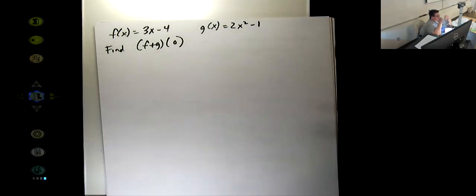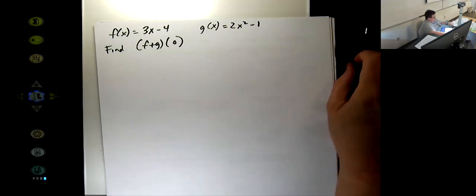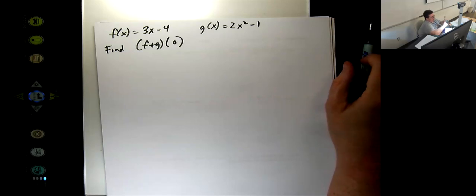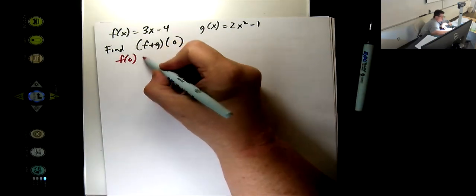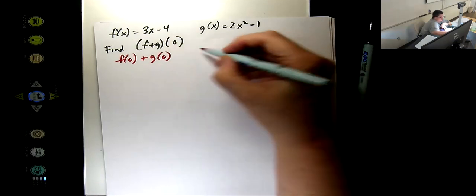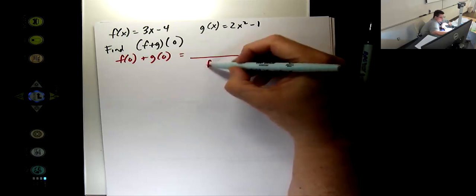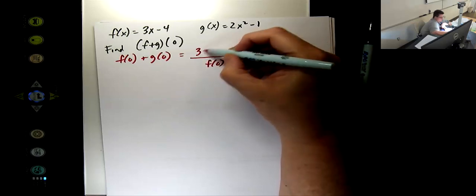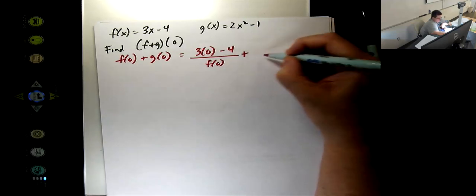There's two approaches to this. So approach number 1. Let's just do f of 0 plus g of 0. My f of 0 is 3 times 0 minus 4. Then I've got a plus.